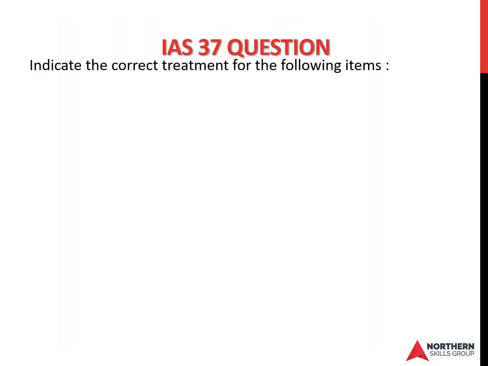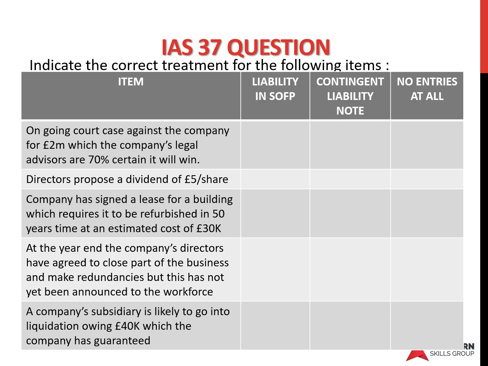So here's the type of question you might get presented with in the exam. You've got 5 particular statements about liabilities or potential liabilities, and you've got to decide for each one of those whether it's something that needs to be reflected in the balance sheet, in the statement of financial position, whether it shouldn't be included in the figures but needs to be disclosed by way of a note, or whether it doesn't require any entries whatsoever in the accounts.